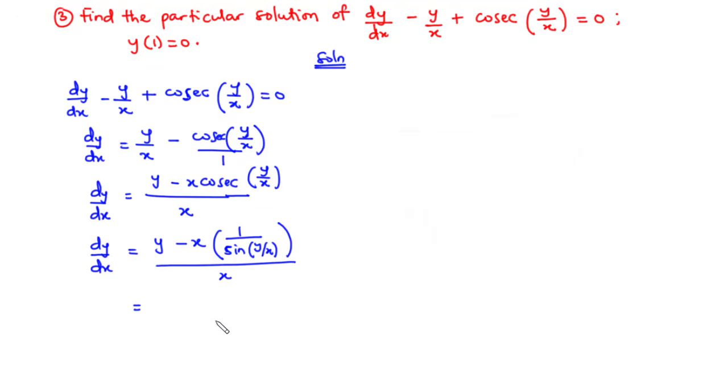So let's simplify further. So you realize that this y is over 1. Okay, this y is over 1, so we can have y over 1 minus x over sine y over x, all divided by x.